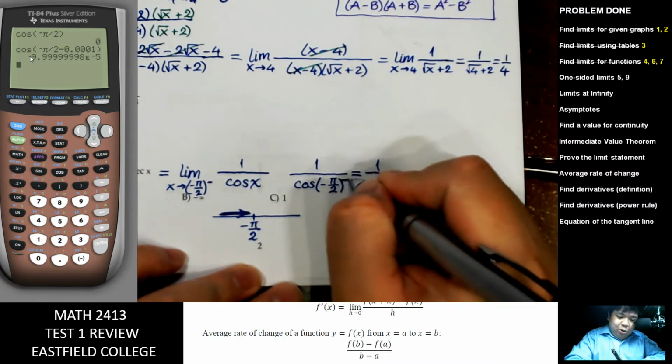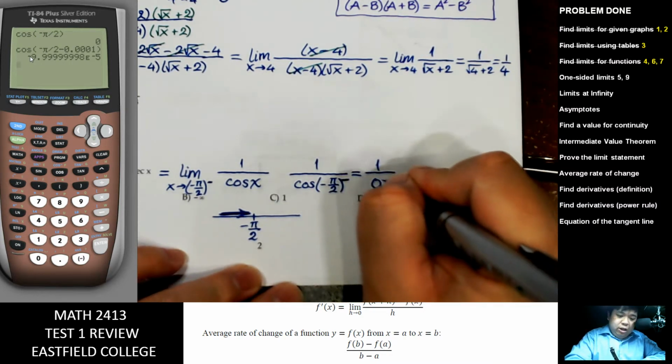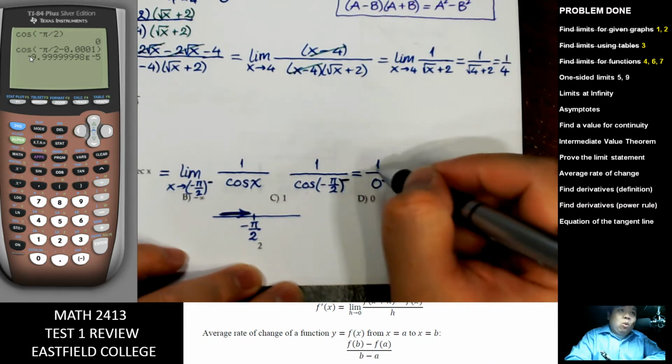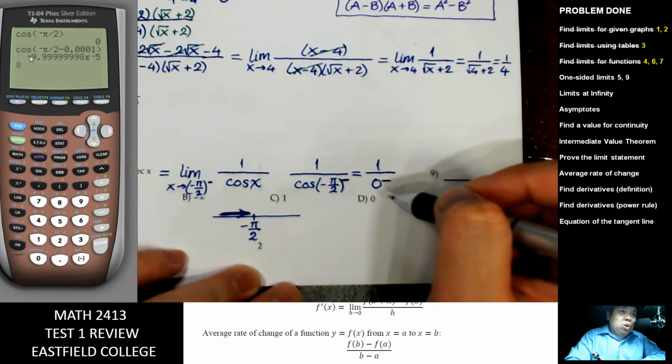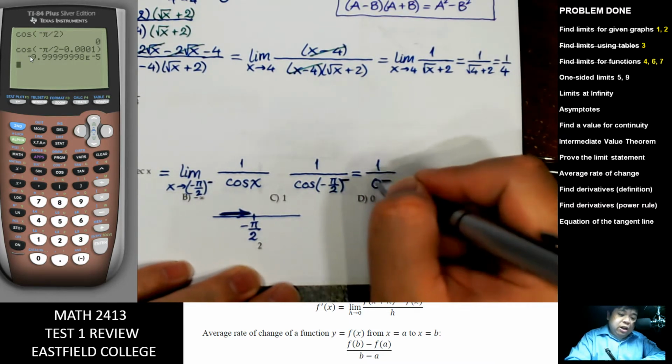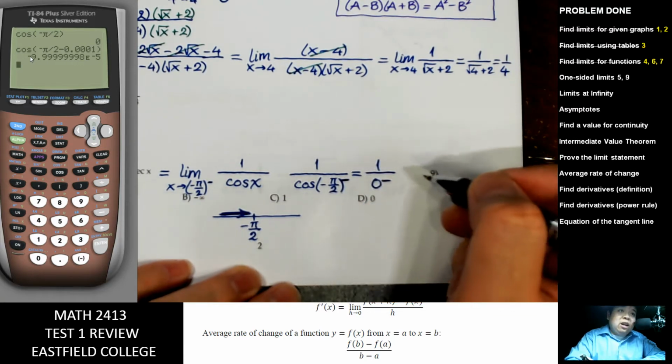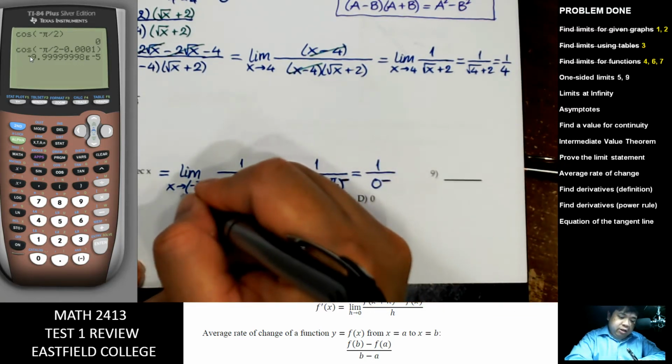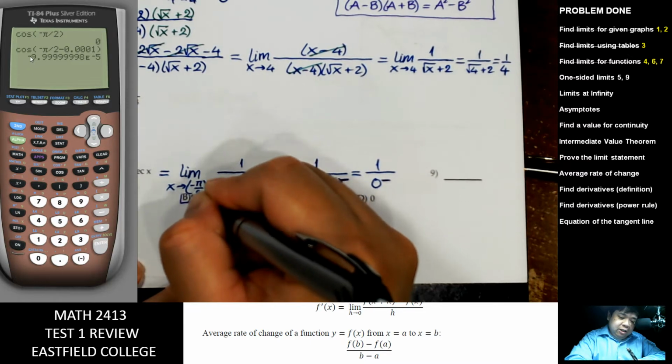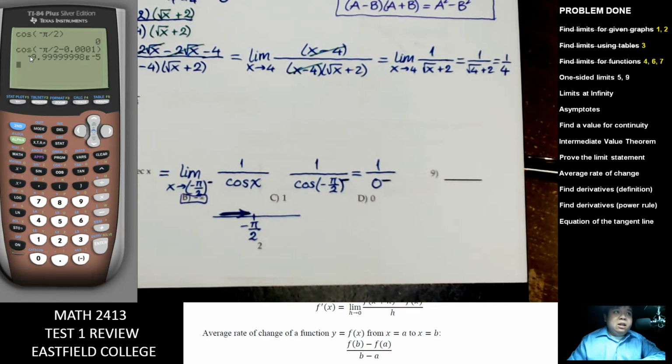So if it goes from the left, it will be negative, and 1 divided by 0 is infinity, but it is negative, so it will be negative infinity. It will be B.